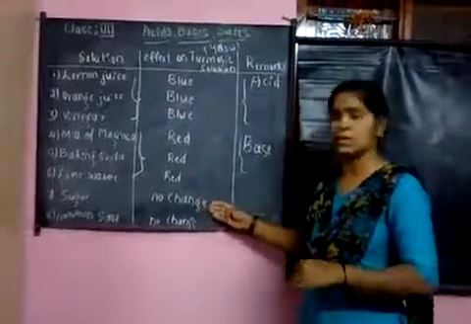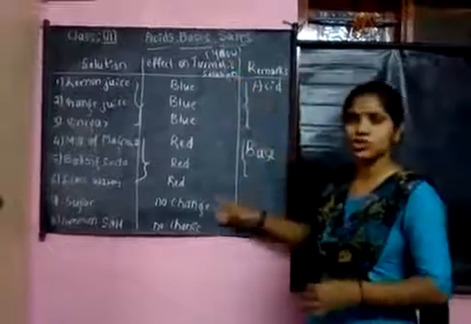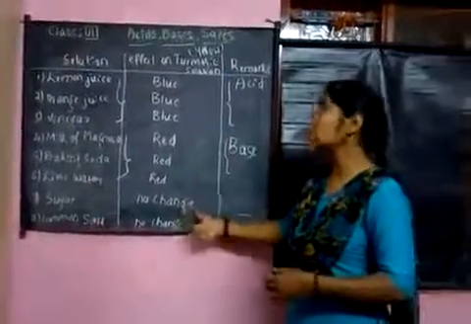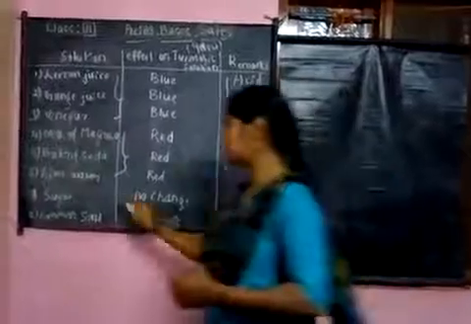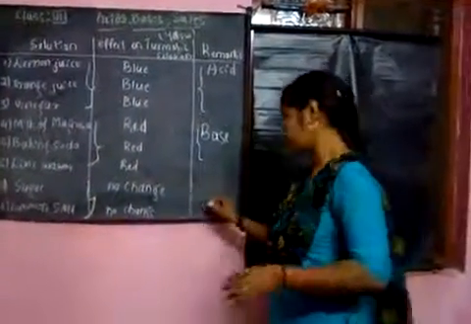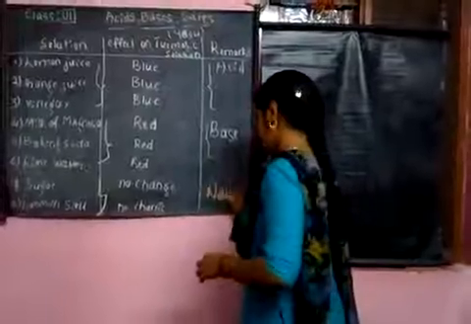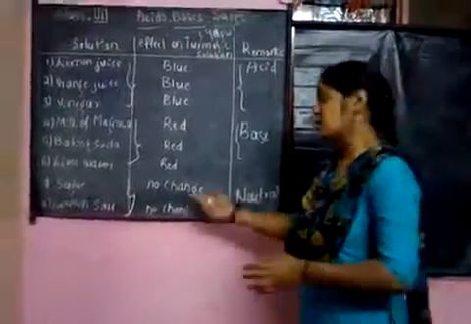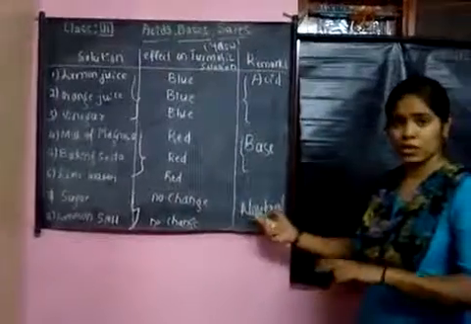It remains the same, meaning the yellow solution remains as it is. There is no change in the color of the turmeric solution. Then we say that those materials are called neutral solutions. So we can say that the solution is in a neutral condition.